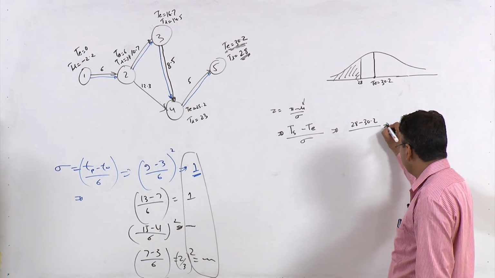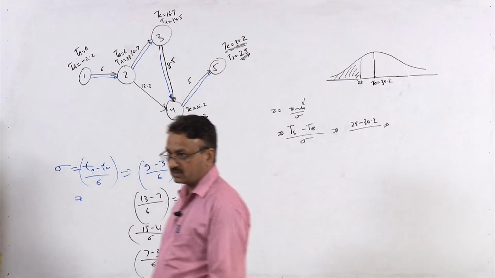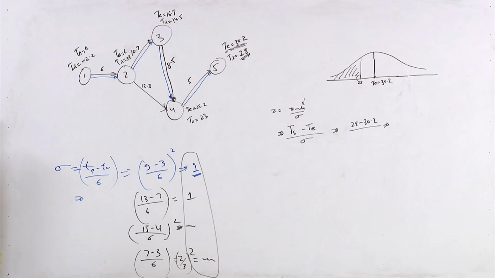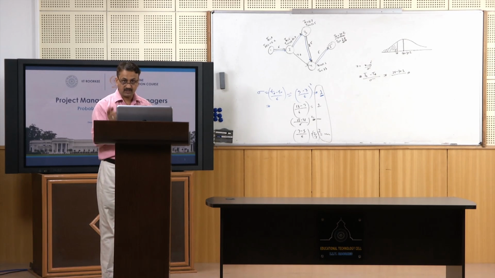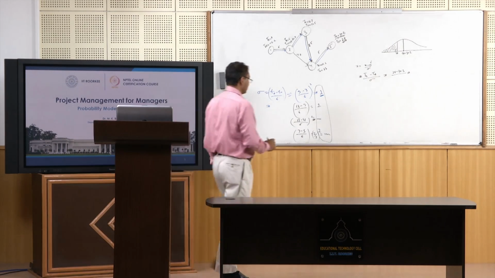Let me give you exactly what this variance is. The variance along the critical path is 5.8. So the square root of 5.8 is the standard deviation, which is 2.41.